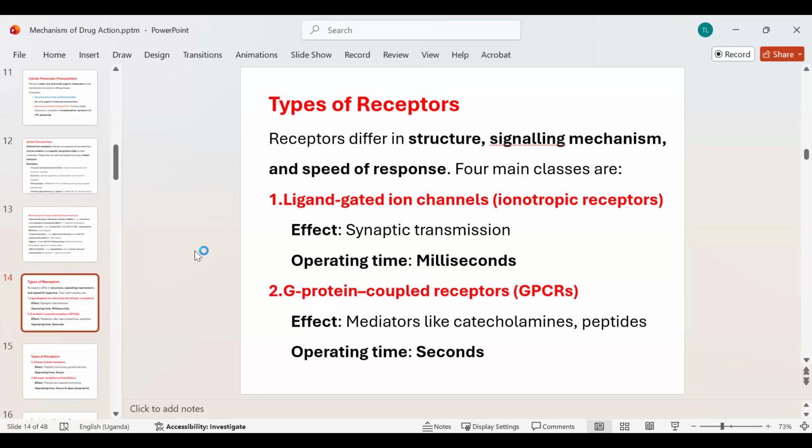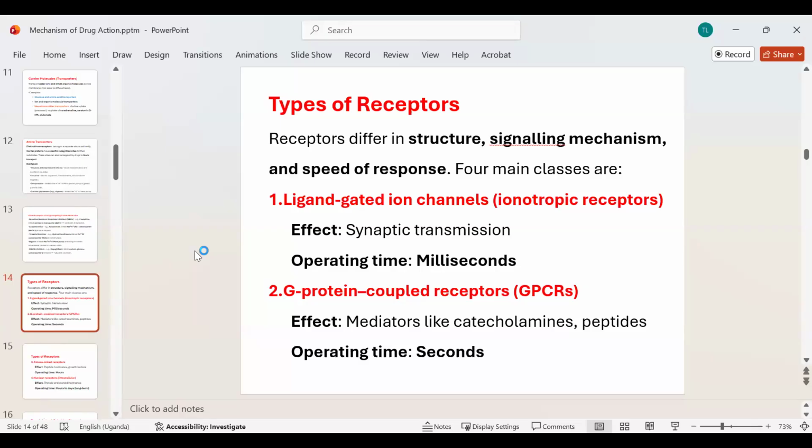When it comes to this, we shall definitely talk about the signaling mechanism. Signaling shouldn't scare people. When people hear signaling, they think it is just too complex. It is not complex. Signaling is basically understanding what really happens when a drug binds to a receptor.